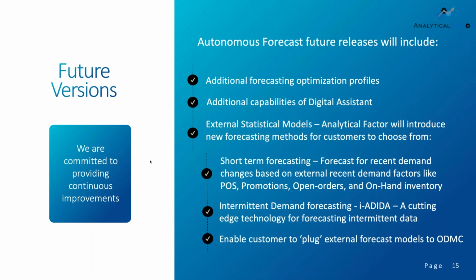Blend all of them with your historical demand in order to improve the quality of the forecast in the short term. So that would be another algorithm that you're going to be able to utilize in ODMC from autonomous forecast.